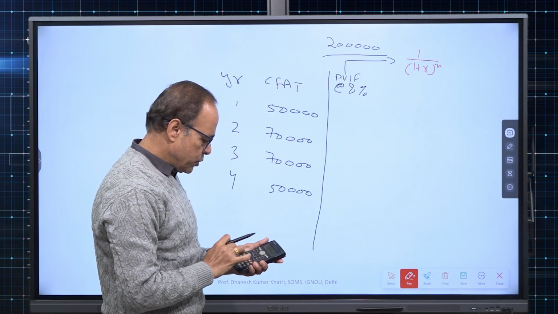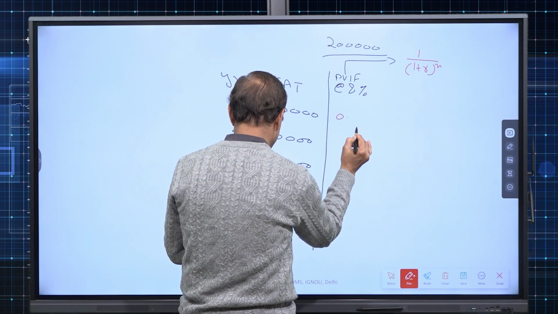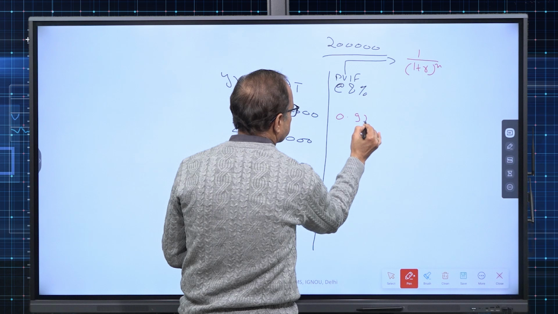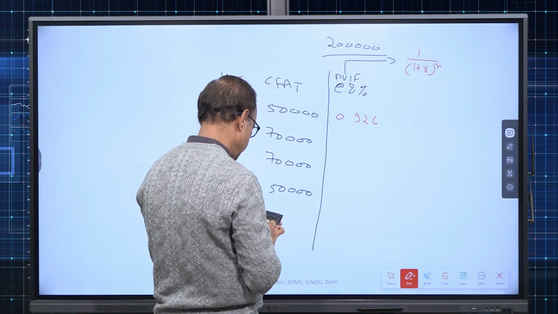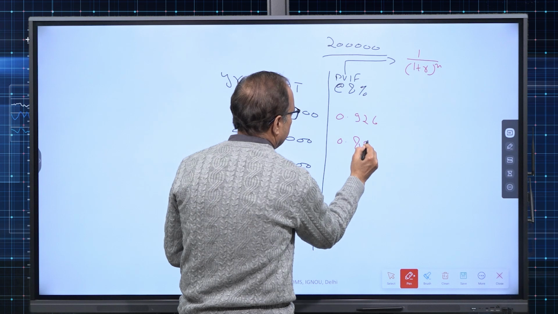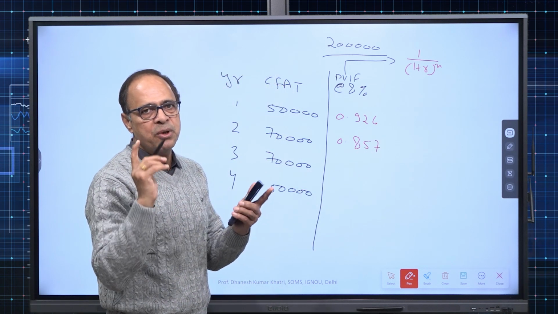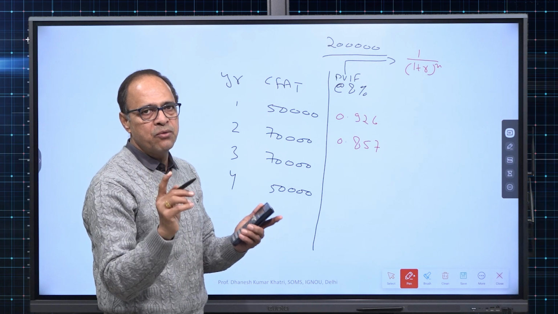So, 1 upon 1.08. So, we get 0.926. Second comes out to be 0.857. You can look these factors in present value interest factor of rupee 1, not in the annuity, but rupee 1.